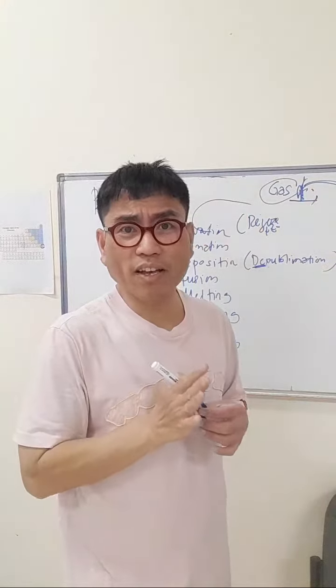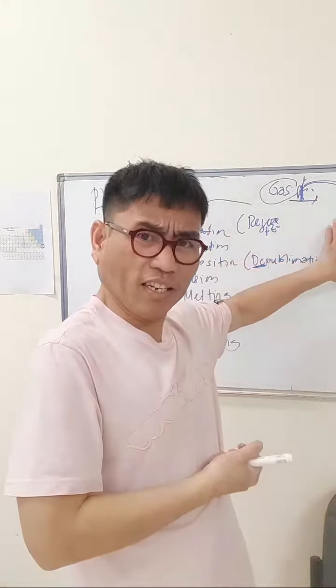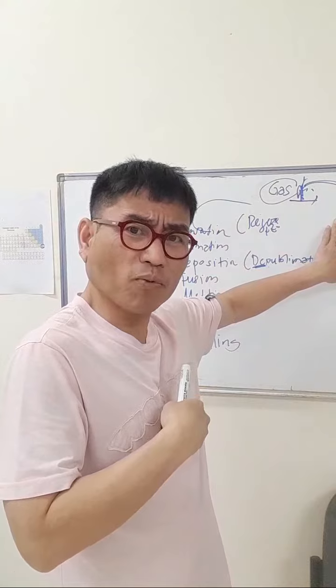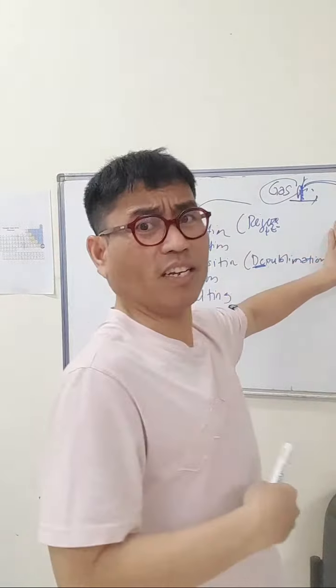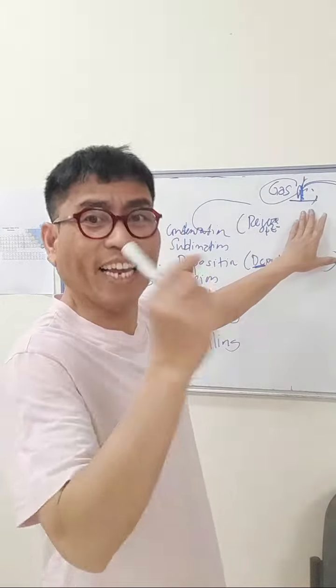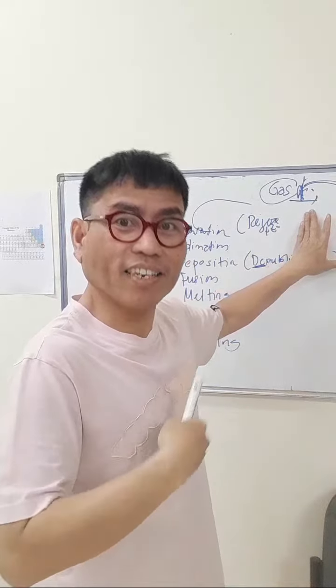You get the point? So we can say in this manner, heat is released to the surrounding, heat is being given off to the surrounding, or heat is being generated to the surrounding.